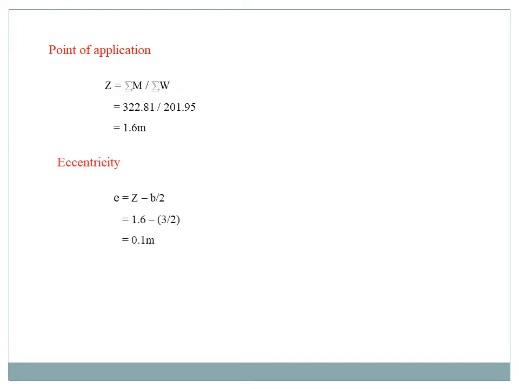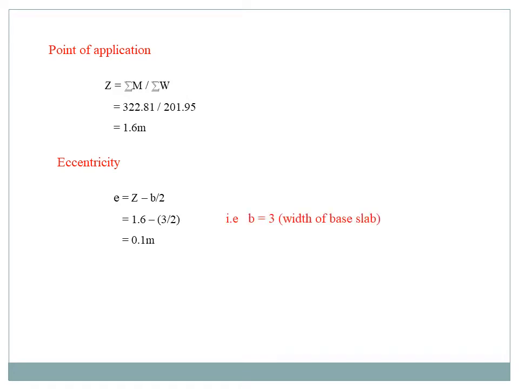The next, the point of application we need to find. Z is equal to the sum of moments divided by the sum of load. We know the sum of moment is 322.81, the sum of load is 201.95, so Z is equal to 1.6 meter. Then eccentricity, again a simple formula, E is equal to Z minus B by 2. Z is 1.6 meter, B is 3 meter.